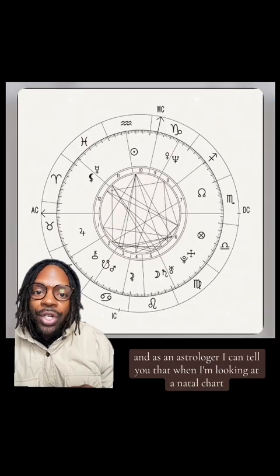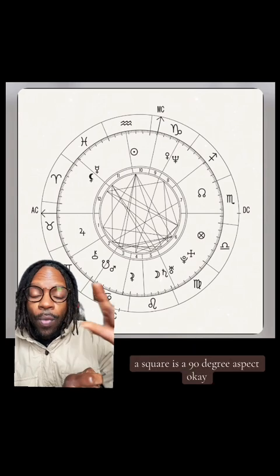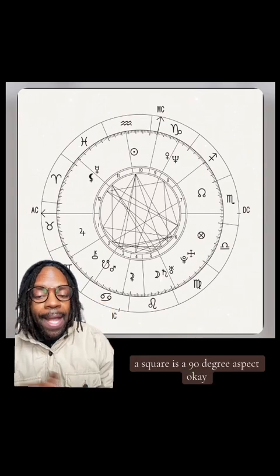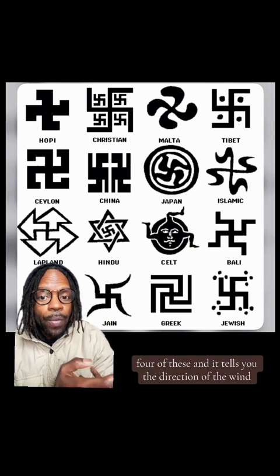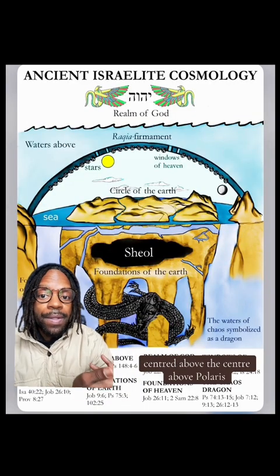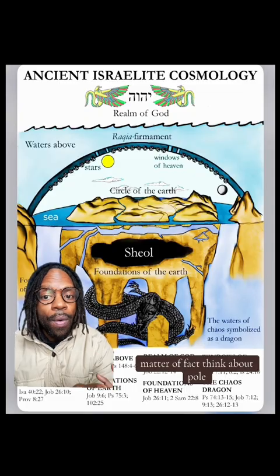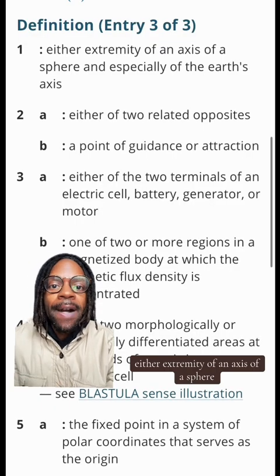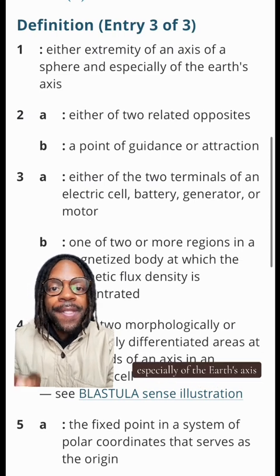And as an astrologer, I can tell you that when I'm looking at a natal chart, a square is a 90-degree aspect. Okay, so the cross, a square, four of these, and it tells you the direction of the wind centered above Polaris. Matter of fact, think about pole, either extremity of an axis of a sphere, especially of the Earth's axis.